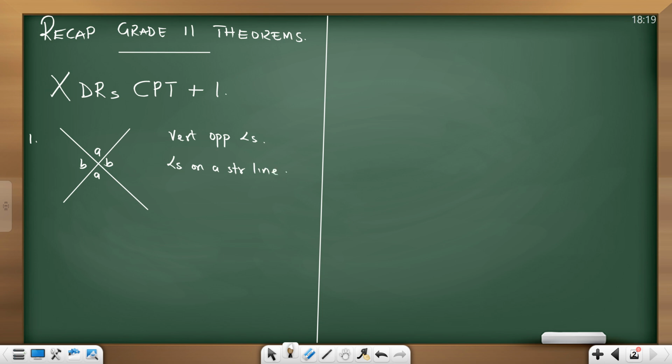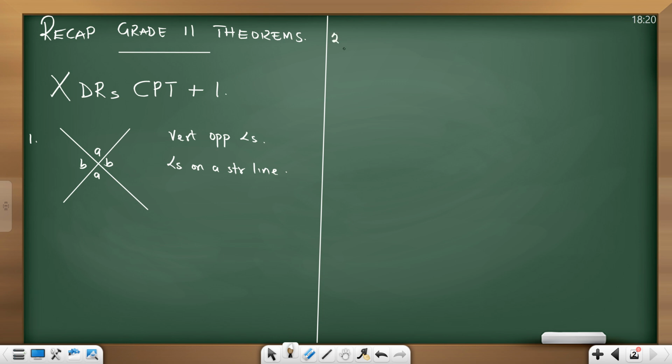I hope you understand vertically opposite angles. So whenever I see that X, I'm going to think of that. And we are done with the first one. You see what I mean by we can be done as quickly as possible. When I see X, vertically opposite angles.